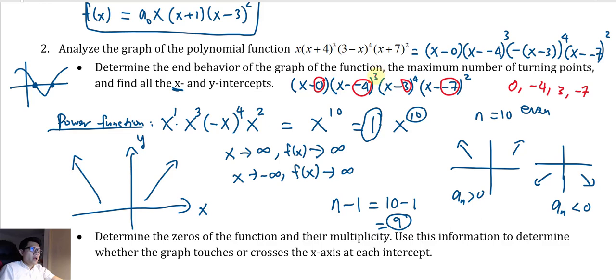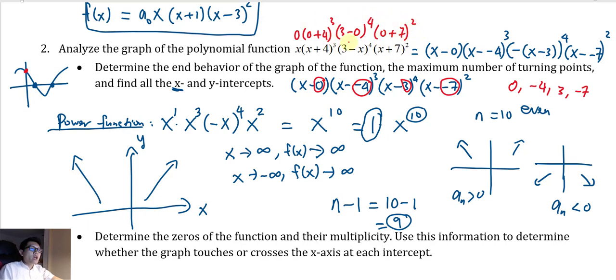Okay, and how do I find the y-intercept? The y-intercept happens on the y-axis when the x value is equal to 0. So to find the y-intercept, I plug in 0 for anywhere I see x, right? So when my x is 0, I have 0 here, 0 plus 4 to the third power, 3 minus 0 to the fourth power, 0 plus 7 to the square.